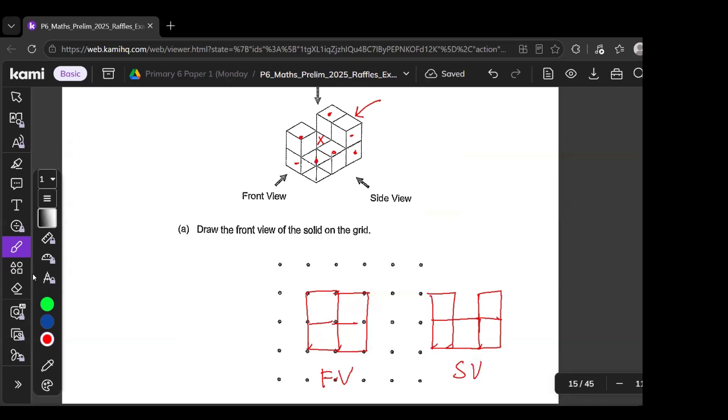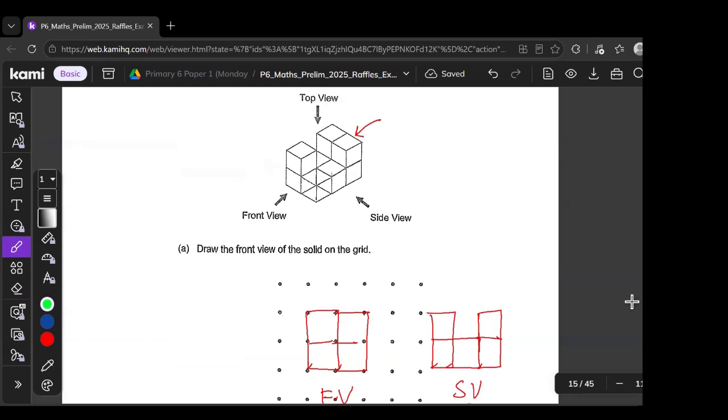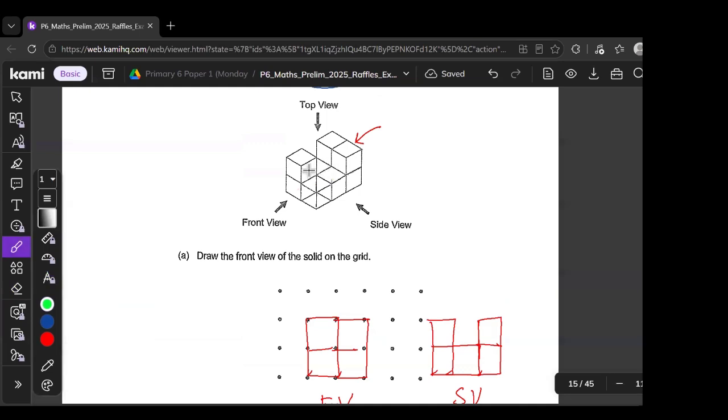Agree? Okay, I'm now going to erase all this. And where are the cubes that we can put so that they will be hidden? It will not be seen. All right. When you add the cubes, you cannot see them in the front view and the side view. So where can we add the cube so that it cannot be seen? Here. One cube.